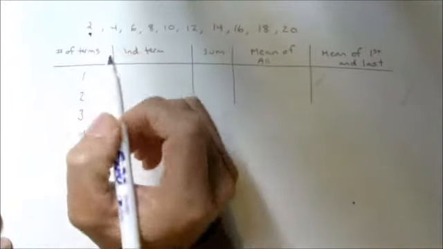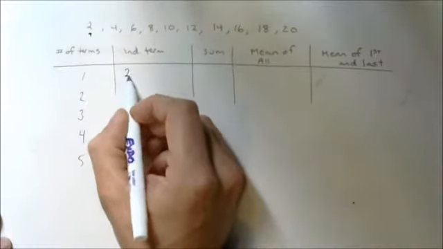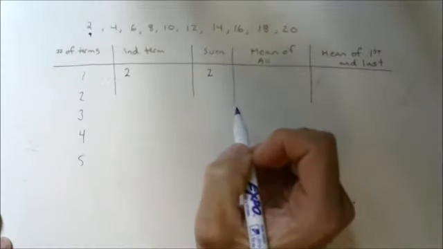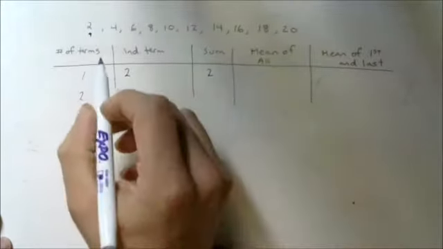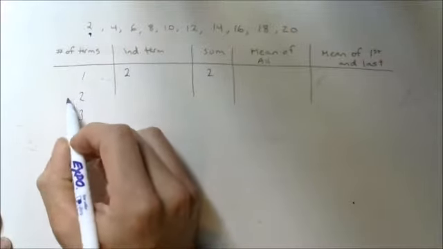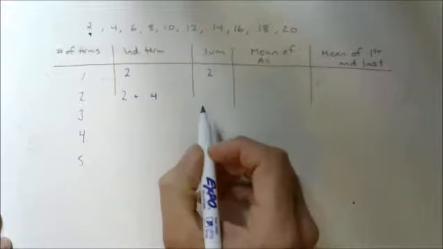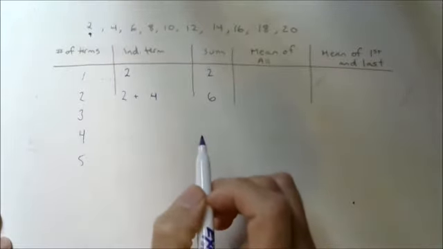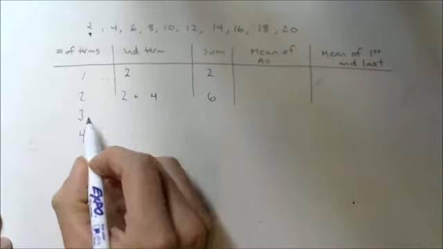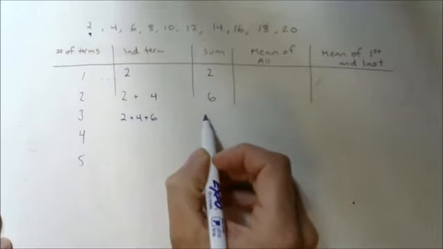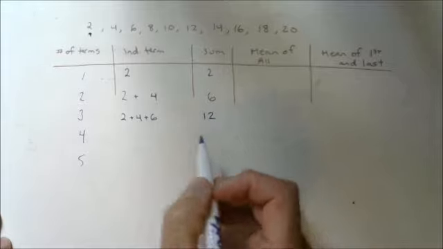Basically what that means is if we take, in this row, one of the terms, the first term in the sequence, we get 2, which simply adds to 2, okay? If we take the first 2 terms, then we get 2 plus 4, which is 6. If we take the first 3 terms, we get 2 plus 4 plus 6, which is 12.